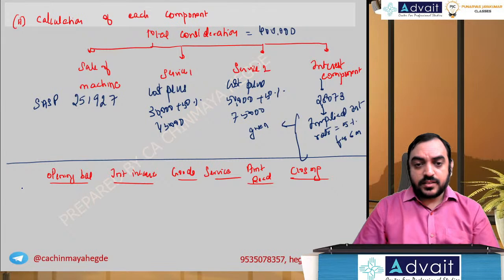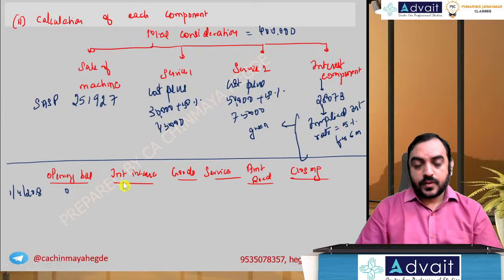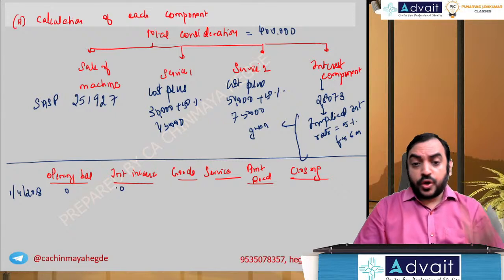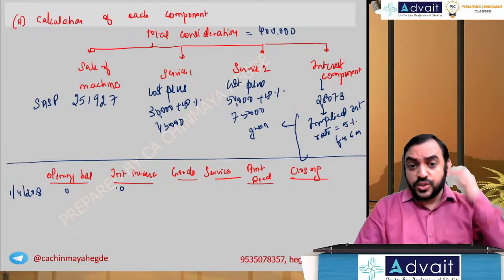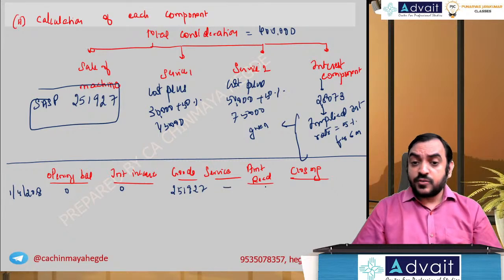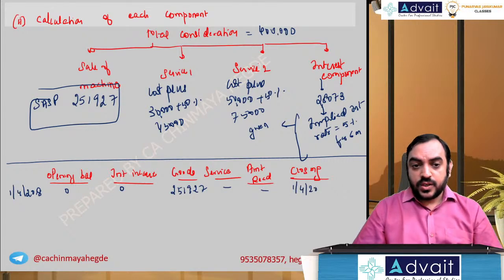We'll start from the first date, which is 1st of April 2018. Opening balance, nothing was there, so you don't charge any interest income on 1st of April itself. And goods sold on 1st of April: the sale of machine, 2,51,927. You have not sold service immediately, and have not collected anything. So the closing balance on 1st of April 2018 is the same number, 2,51,927.